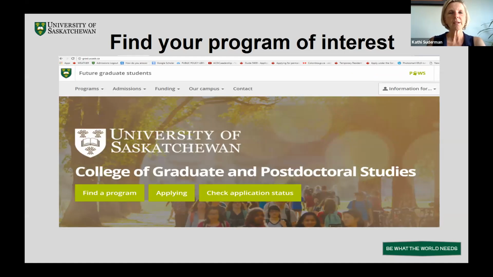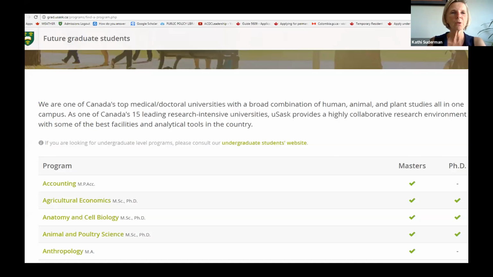Here is a quick view of what our future graduate program page looks like. You can go onto this page and click on Find a Program, and from there you'll be taken to a long list. You see just a few programs listed here, but of the 80 different areas of research, you would then click on your program of interest to learn more.